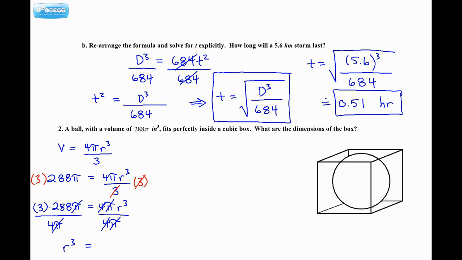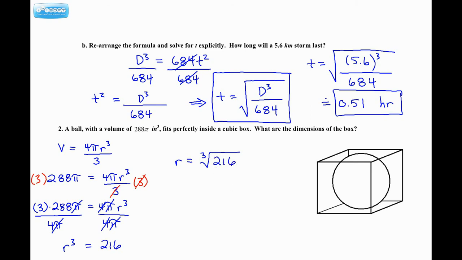I'm going to work that out with my calculator right now. This gives me 216. Well, if the radius cubed is 216, that can only mean one thing, that the radius itself must be the cube root of 216.